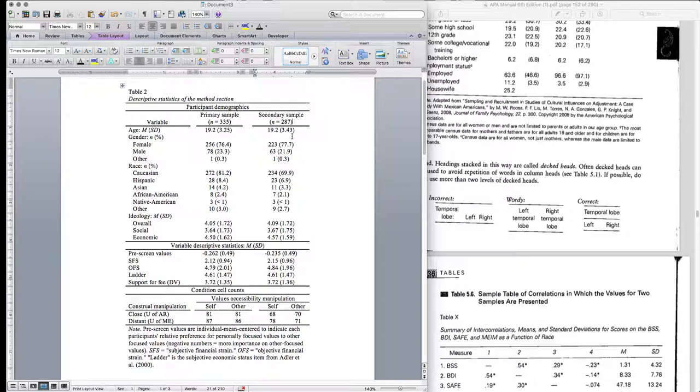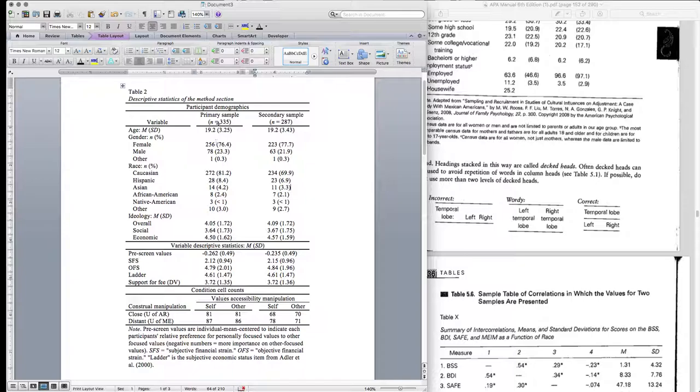And so I wanted to be able to show the descriptive statistics for each of these. These are all the statistics that are relevant to the method section of this manuscript, broken down by both the primary sample and secondary sample, so that the reader can see whether or not there was a big difference between the samples themselves.